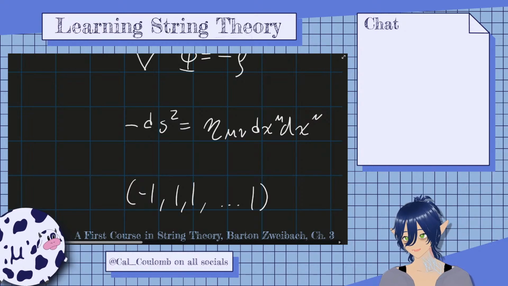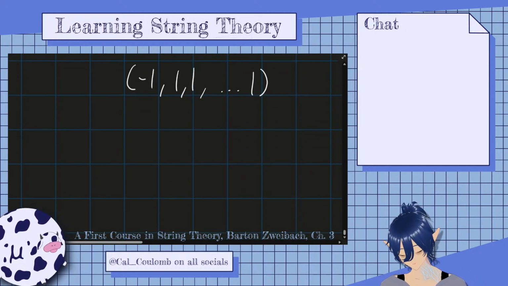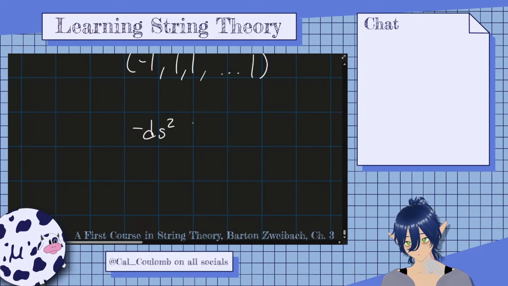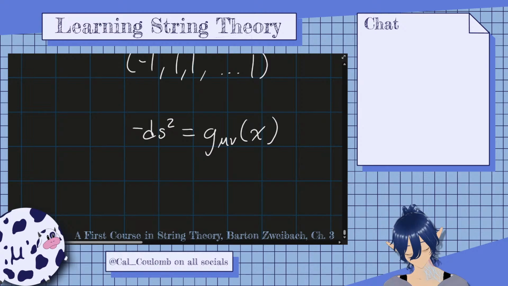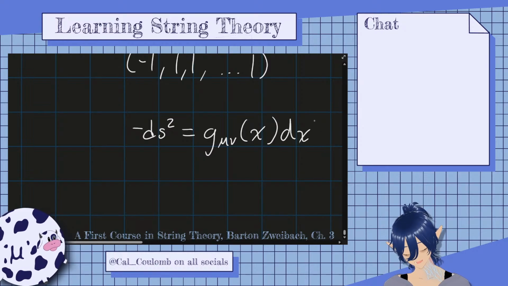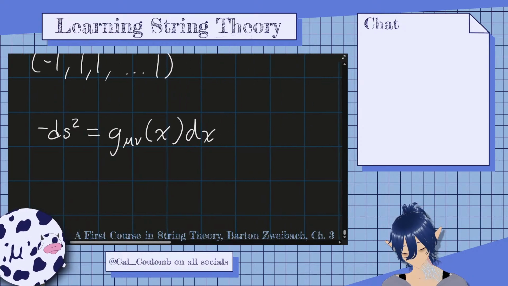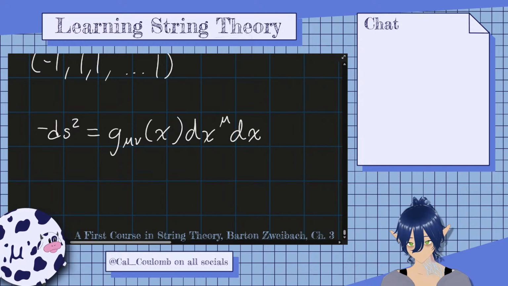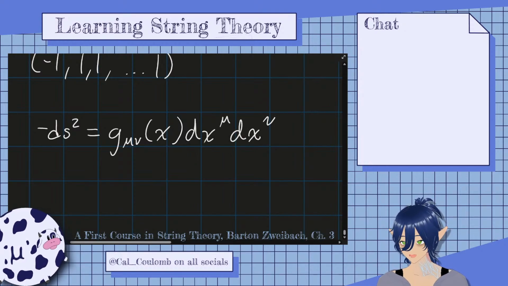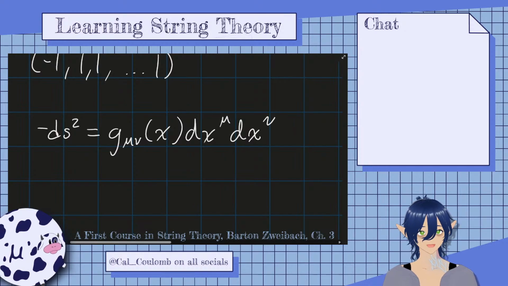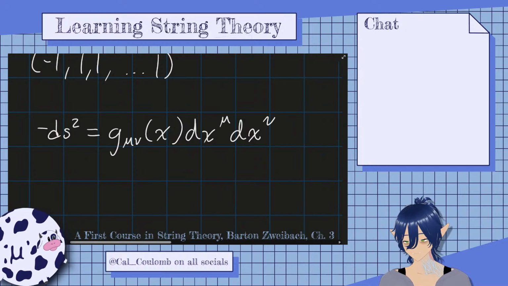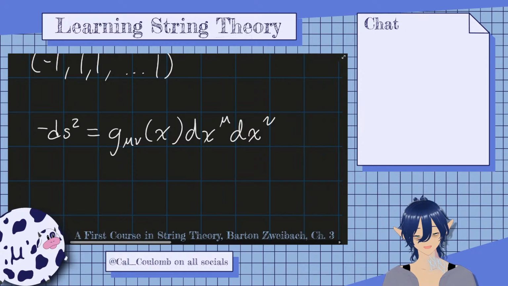In the presence of a gravitational field, the metric becomes dynamical. We then write minus ds squared is equal to g mu nu of x dx mu dx nu, where the constant eta mu nu is replaced by the metric g mu nu of x. If there is a gravitational field, the metric is in general a non-trivial function of the spacetime coordinates.